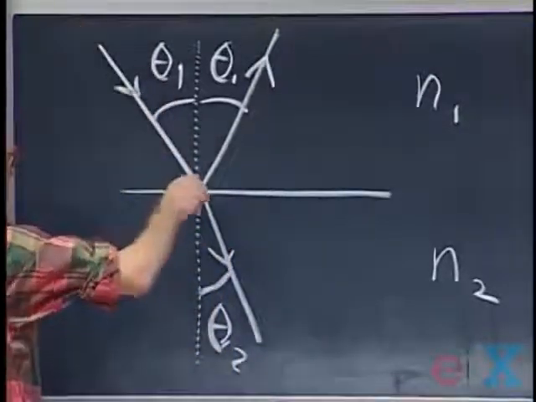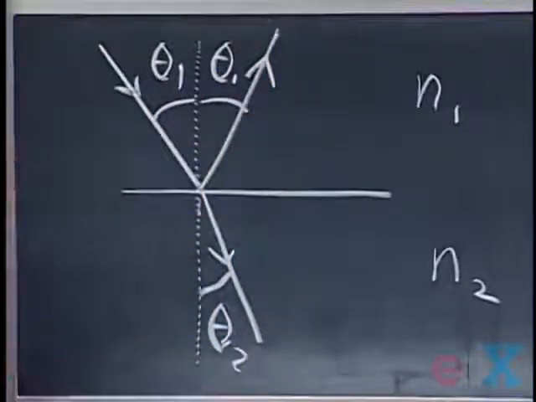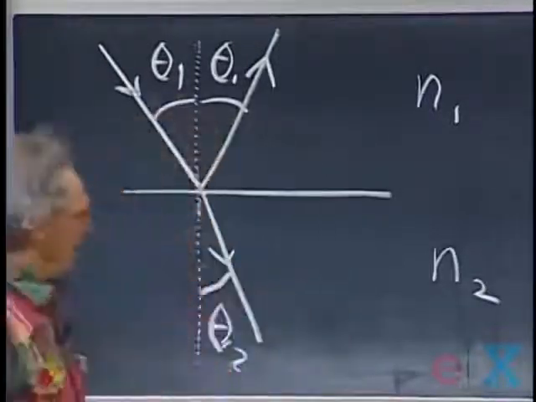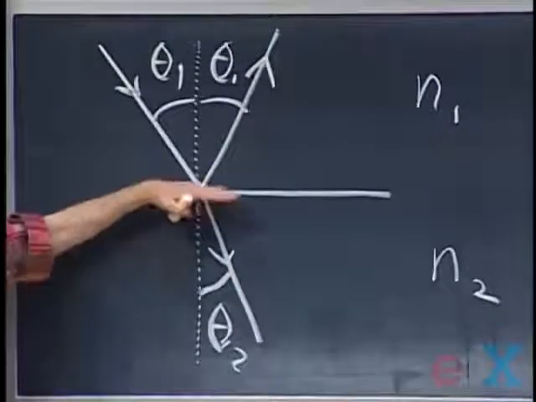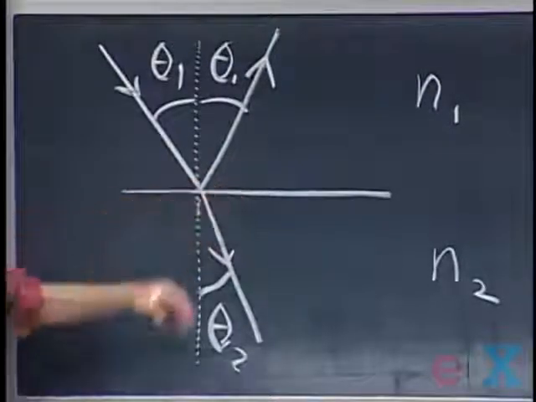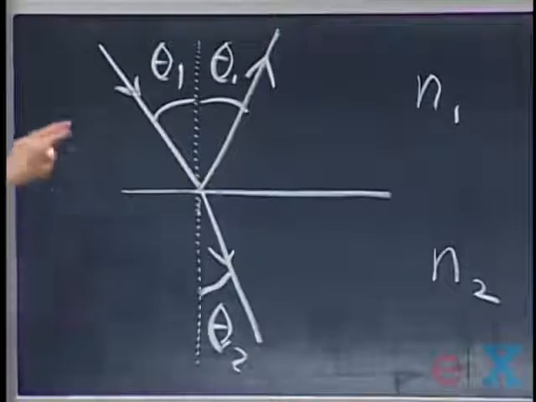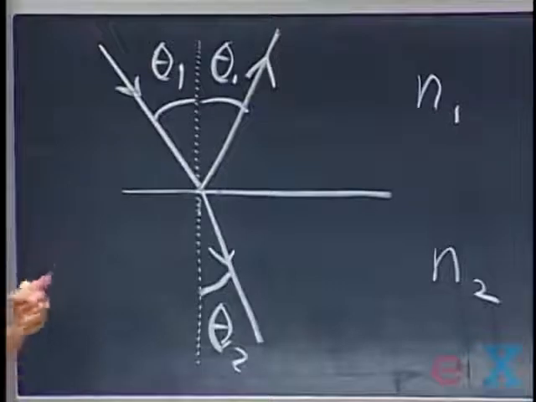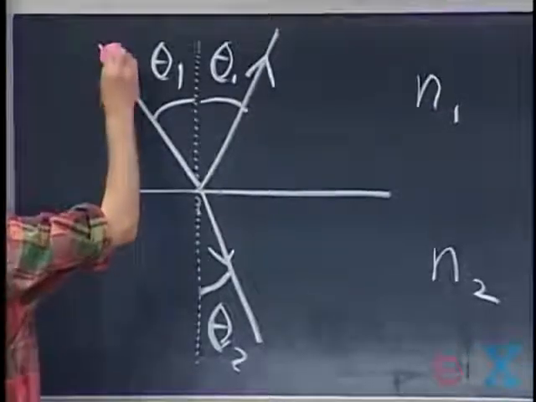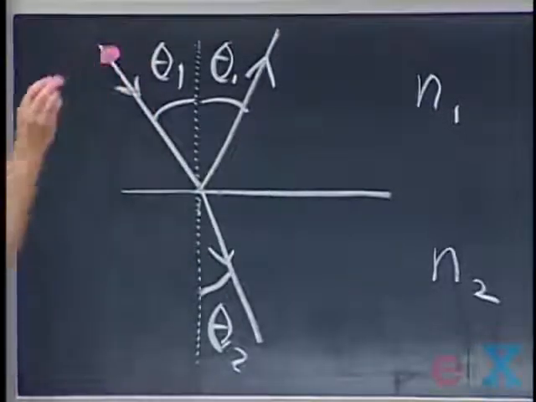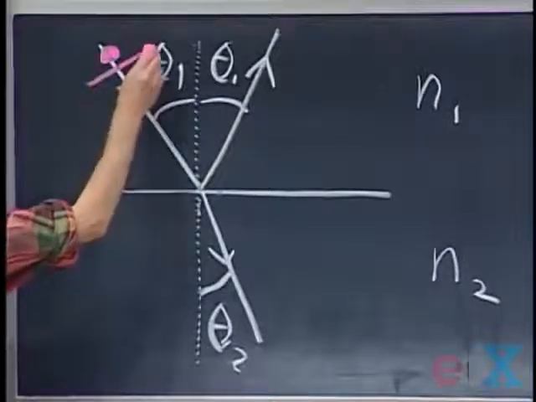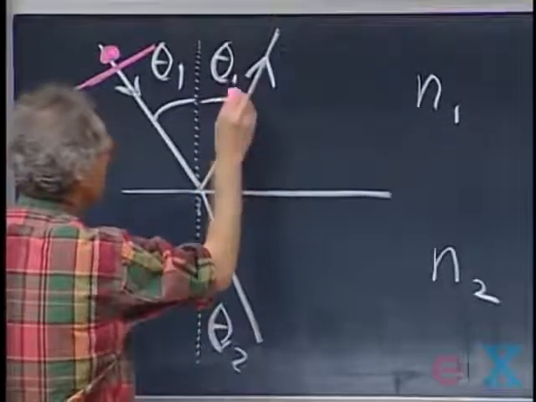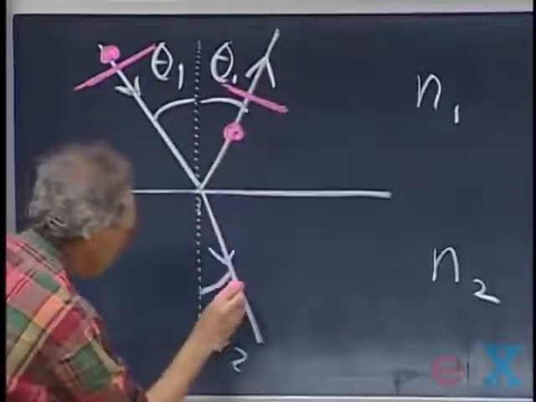So this unpolarized light comes in, reflects and refracts. If you want to use Maxwell's equations, the action is where everything is happening right here at the surface between the two. You will have to decompose the incoming light, the electric field vector, in two directions. One direction is perpendicular to the blackboard, so this is the E vector, and the other direction is in the blackboard. You will have to do the same here, and you have to do the same here.